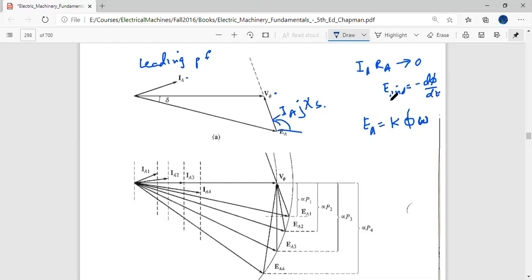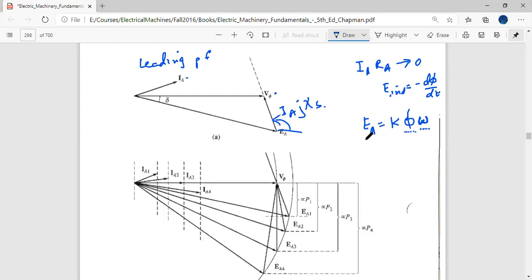The induced EMF is in the stator and the change in flux is being caused by the rotor movement. So this is the speed of the rotor, and the strength of the rotor field, phi, which is given by IF and other stuff. So EA is dependent on only two variables, the rotor field and rotor RPM.